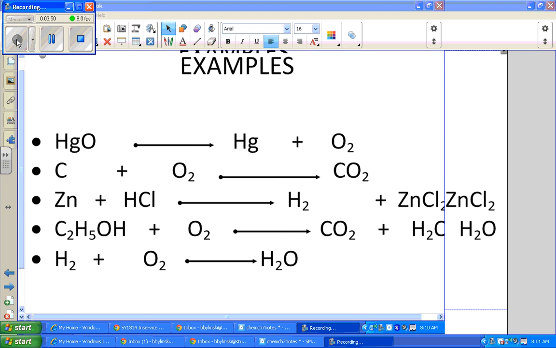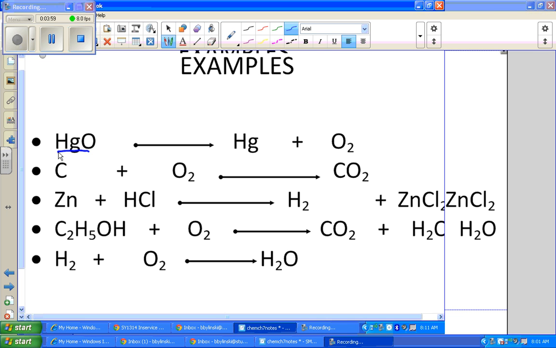Okay, so let's look at some examples here. To balance our first one, you have to look at each side. Hg and Hg, if there's no number that's 1 to 1, they are balanced. O, there's 1. O, there's 2. So to fix this, you put a 2 in front of the entire compound.